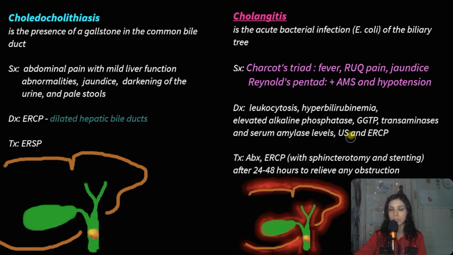So for diagnosis, you'll see leukocytosis, hyperbilirubinemia, elevated alkaline phosphatase, elevated gamma-glutamyl transpeptidase, and also aspartate and alanine transaminase, and also an elevated serum amylase level.